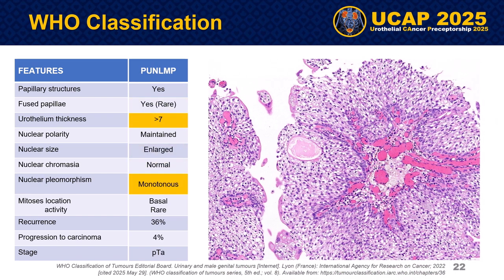In contrast, the papillary urothelial neoplasm of low malignant potential, or PUNLMP, has markedly thickened urothelium covering the papillae. The cell nuclei are also mildly enlarged and have a monomorphic appearance while maintaining nuclear polarity. Unlike the papilloma, PUNLMP tends to recur in one third of cases.